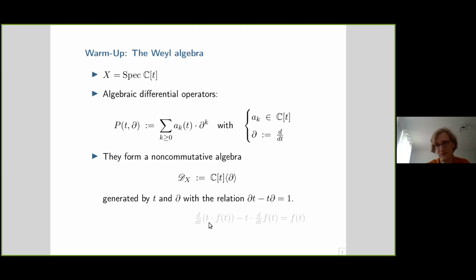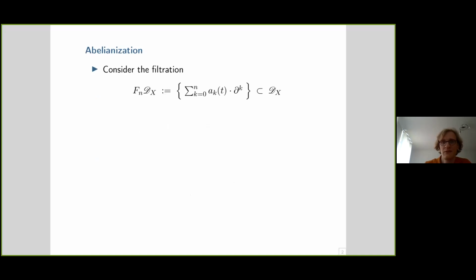First multiplying by T and then taking derivatives is not the same as first taking derivatives and then multiplying by T. So this is a non-commutative algebra, but it's very mildly non-commutative. So differential operators you can filter by the order. So the filtered piece F_n of D_X is those differential operators which only contain the powers ∂^k up to ∂^n.